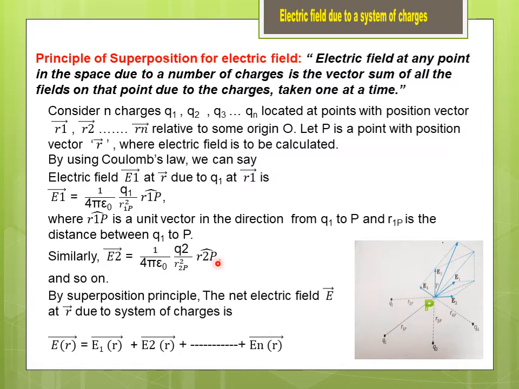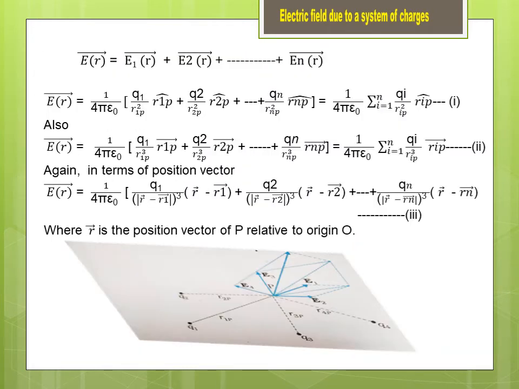Now, if we use the superposition principle, the net electric field E at R due to the system of charges will be the summation of all these electric fields. Here, see this, we will get this equation.